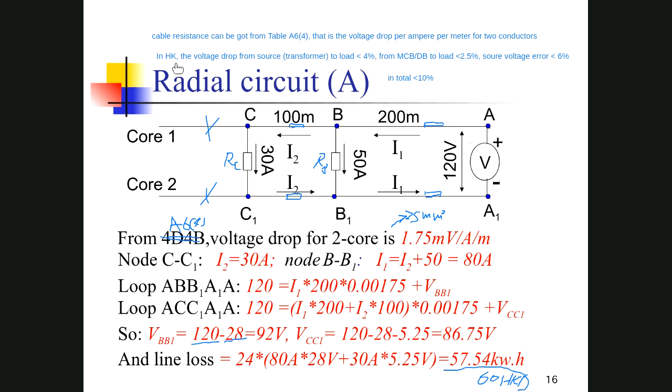So between the source and the final distribution board, the voltage drop allowed is 1.5%, very small. And meanwhile, the source itself may have fluctuations, and that fluctuation must be smaller than 6%. So in total, the voltage drop from the source to the load, in comparison with the rated voltage, should be within 10%.